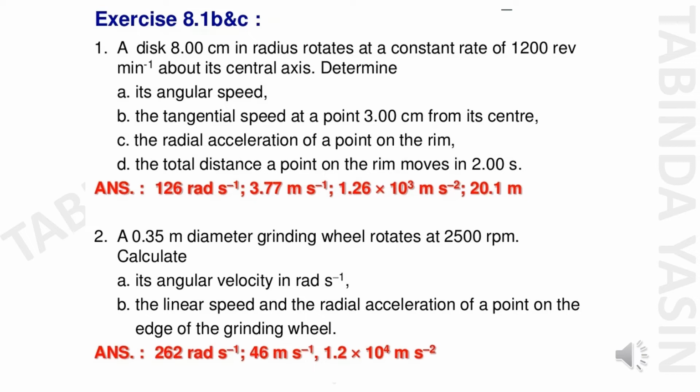You have all the values here, the diameter and the angular speed, so you have to calculate the angular velocity, the linear speed and the radial acceleration. The linear speed should be 46 meter per second, and the radial acceleration should be about 1.22 into 10 raised to the power 4 meter per second square. You have to calculate it by yourself.